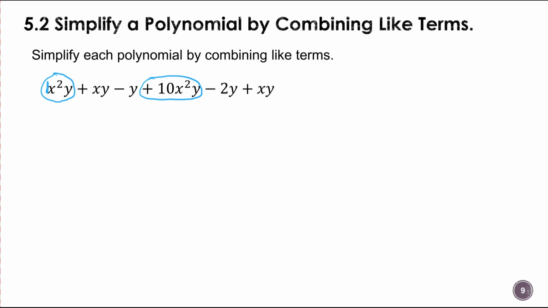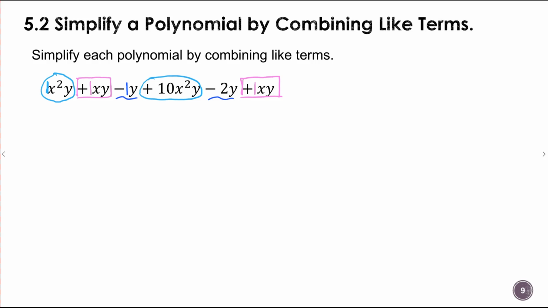And then let's put a box around these. I have a 1 xy, and I have another 1 xy right here. And then the other two, negative 1y and negative 2y, those are like terms. So I'm really just using these circles and boxes and different things to organize my like terms.